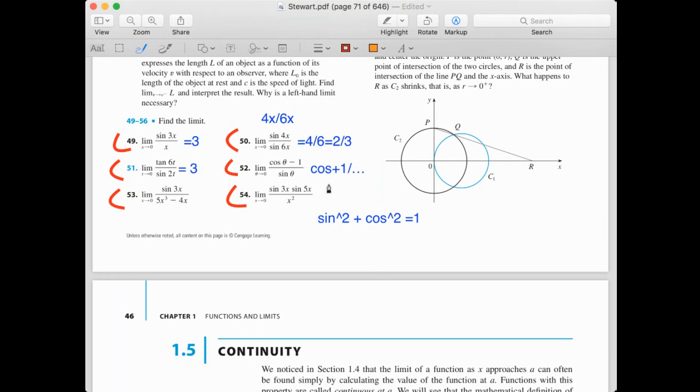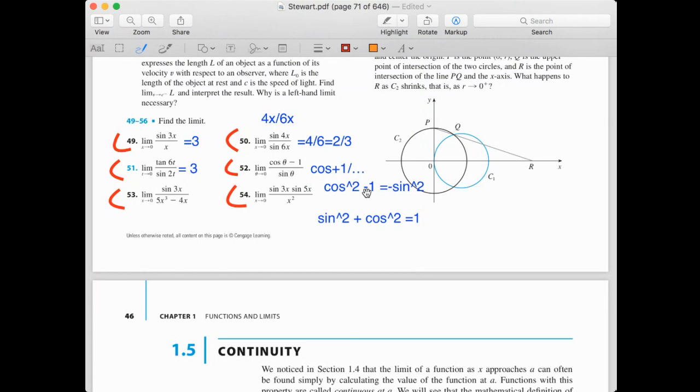By doing that, we get a cosine square theta minus 1. What's that? By this identity down here, that's negative sine square. Cosine theta minus 1 times cosine theta plus 1, the conjugates of each other, that's the difference of two squares.